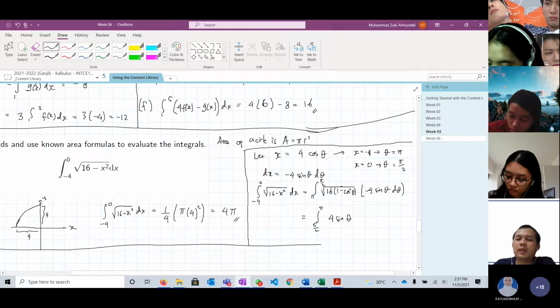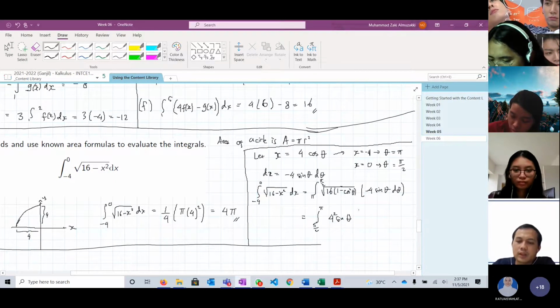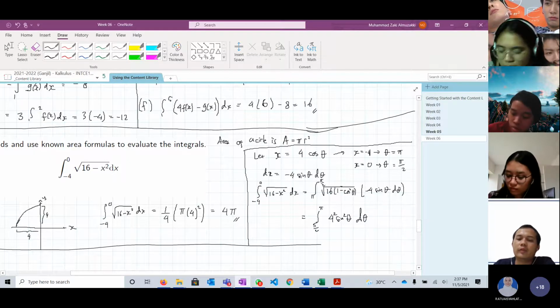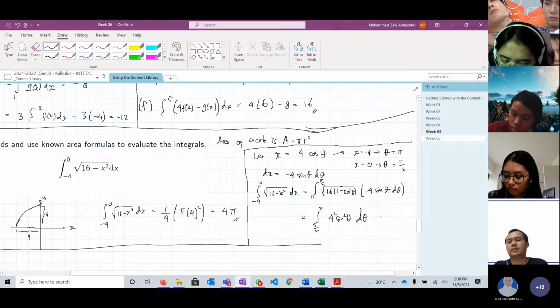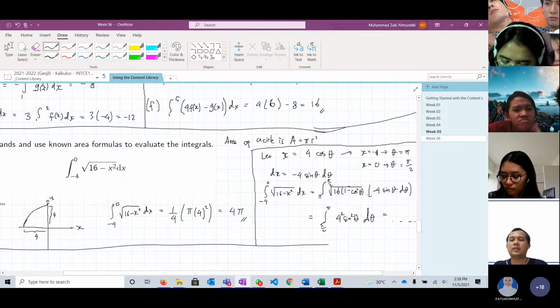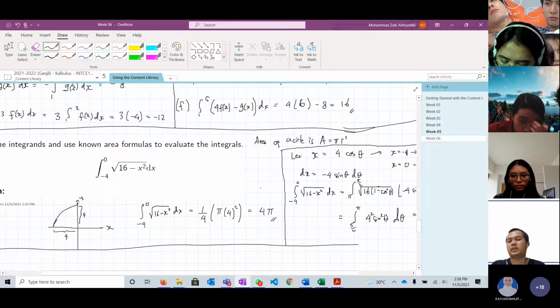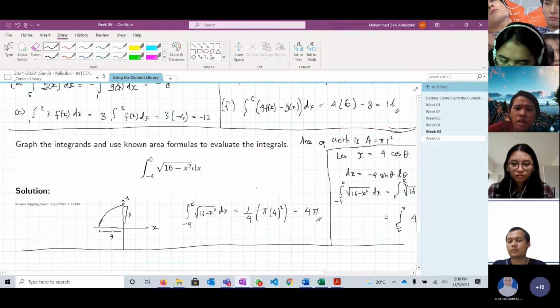Since we multiply again by 4 sine theta, we have 4 squared sine squared theta d theta, and the negative is gone because we flip the limits. From this you can continue to compute, but this idea of substituting with trigonometric functions, we will learn after the midterm, I believe.